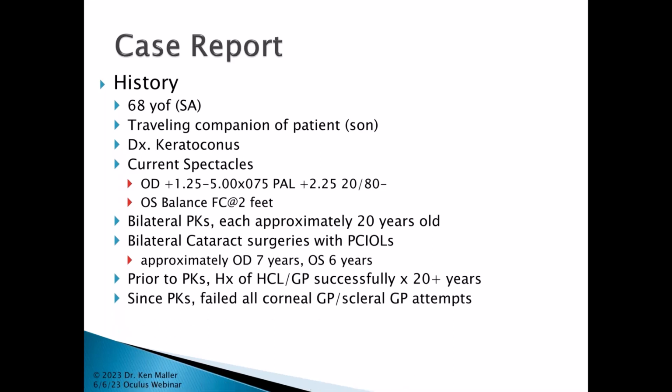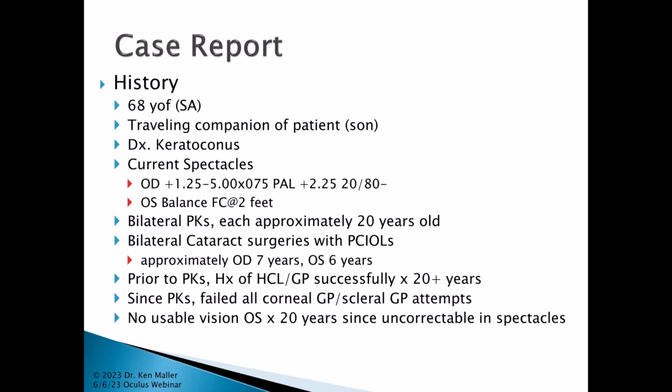As soon as she had the PKs 20 years ago, she lost all usable vision in the left eye, and both eyes were unable to be successfully fit into any corneal GP or scleral GP. The patient told me she had absolutely been traumatized by all the scleral attempts because they were so painful, which is why she came in wearing the glasses that gave her 20/80 minus in the only eye that she had.